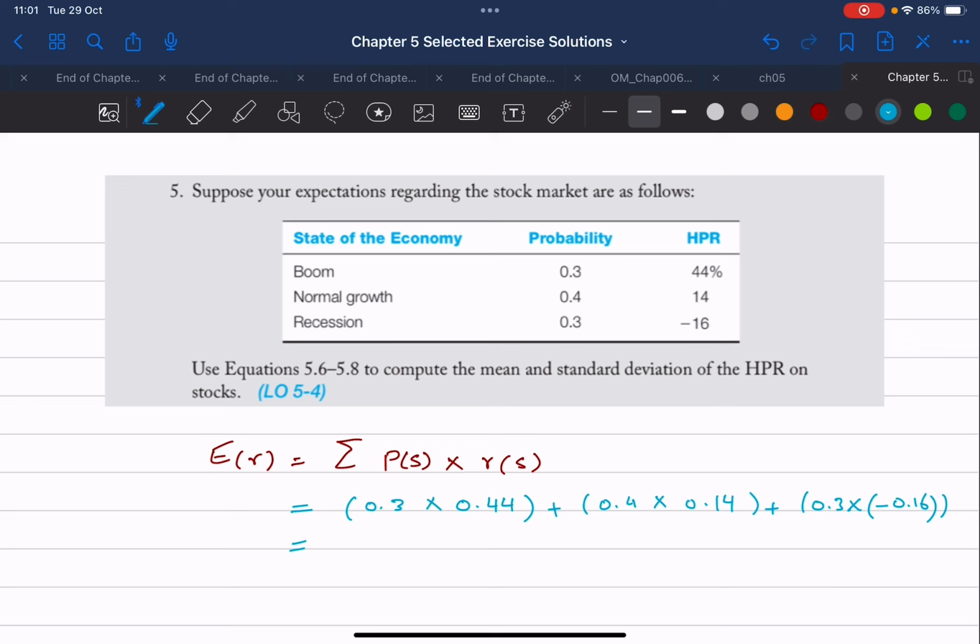That's going to give us 0.132 plus 0.4 multiplied by 0.14, which is 0.056, plus 0.3 multiplied by minus 0.16. That's going to be minus 0.048.